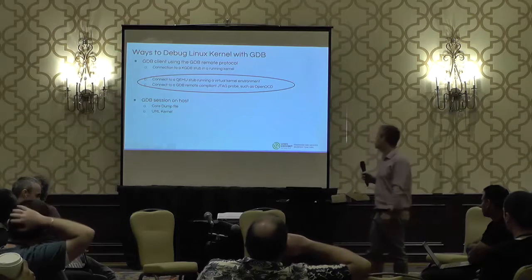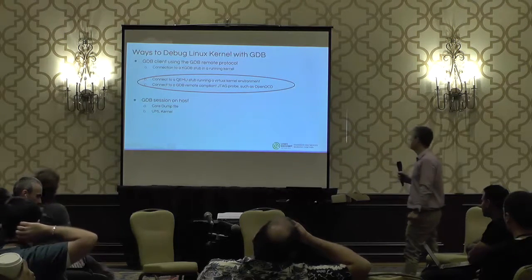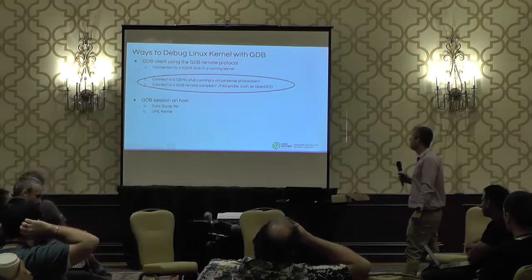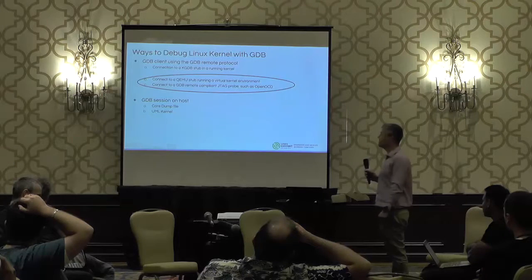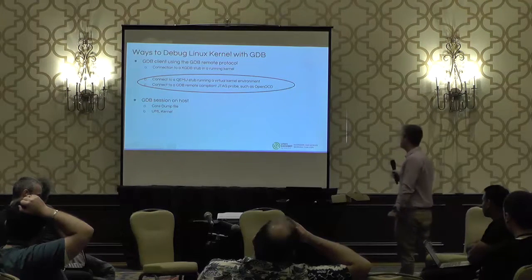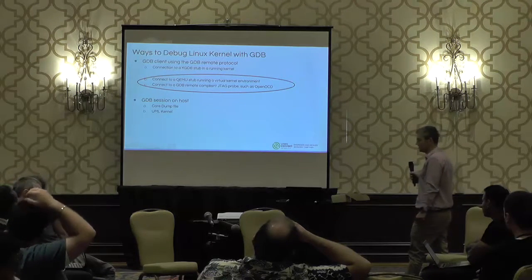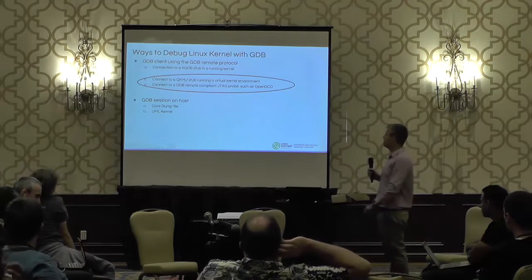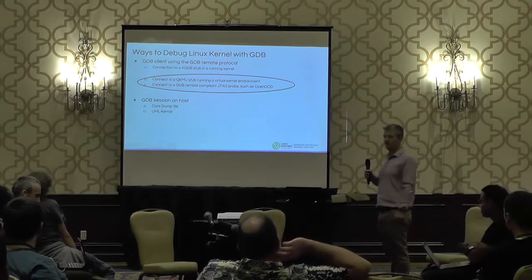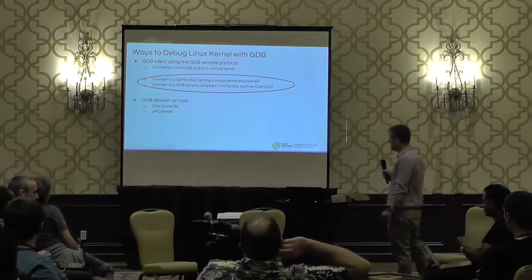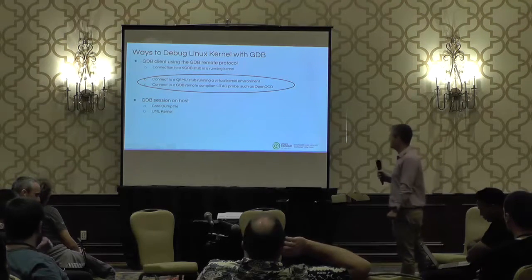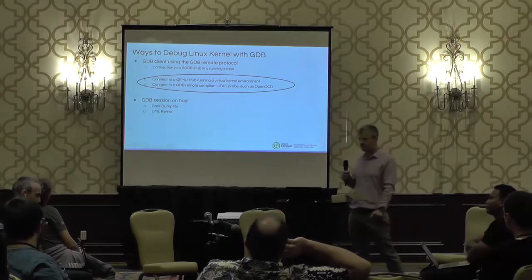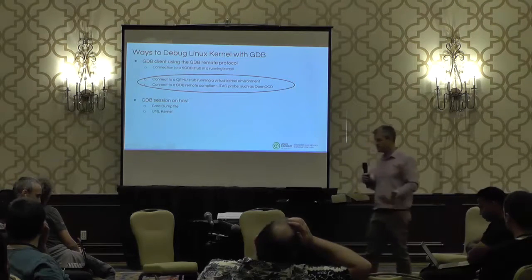So what ways can we debug the kernel with GDB? Well, you can have the GDB client connecting to a GDB remote stub. There's KGDB, which we'll briefly touch on, but mainly what this presentation is about is B and C, where we're using QEMU or connecting to an OpenOCD GDB stub for JTAG debugging.